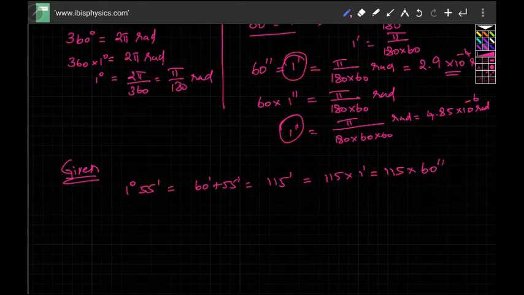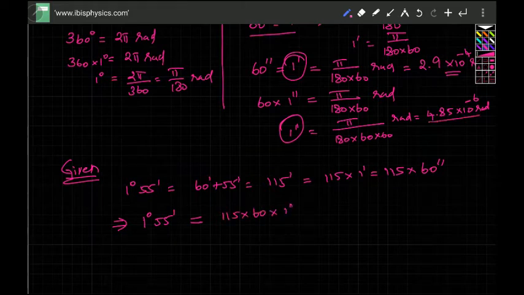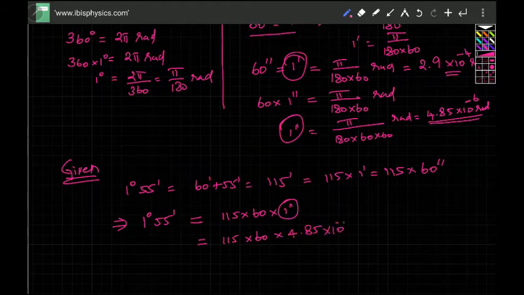So 1 degree 55 minutes is equal to 115 into 60 times 1 second. But 1 second is 4.85 into 10 power minus 6 radians, so instead of 1 second, we can substitute the radian value.